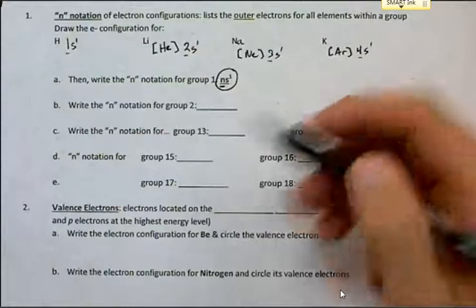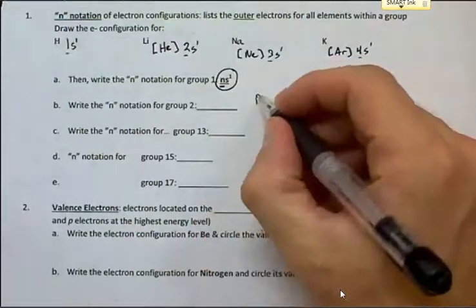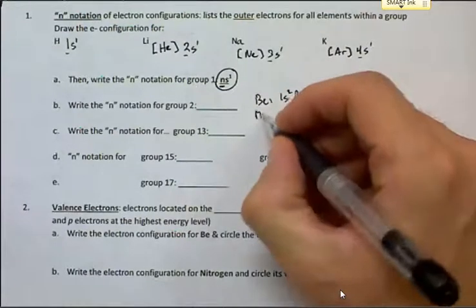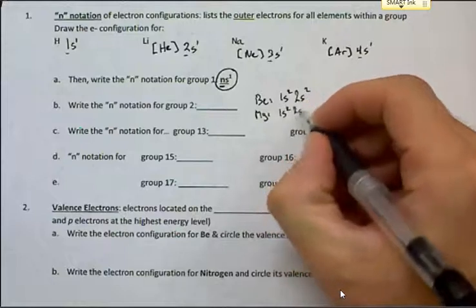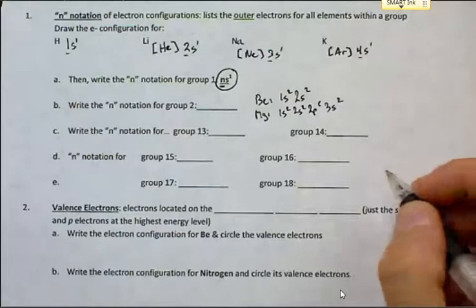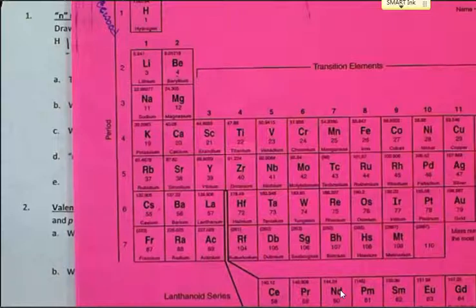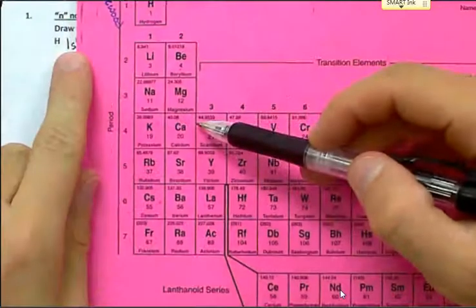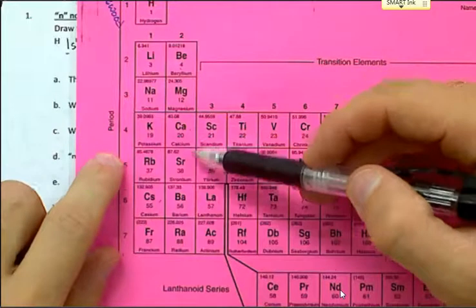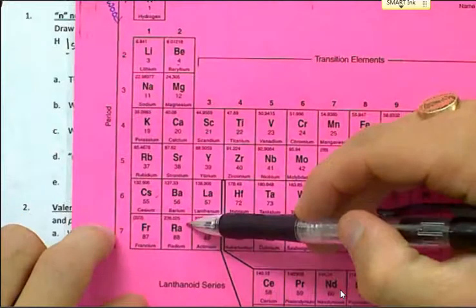Let's see a couple more just to make it clear. Write the n notation for group 2. That would be, for example, beryllium, 1s2, 2s2, or magnesium, 1s2, 2s2, 2p6, 3s2. And if we go right on down the line, we'd see that each one of these in turn ends in some s2: ends in 2s2, ends in 3s2, ends in 4s2, ends in 5s2, ends in 6s2, ends in 7s2.